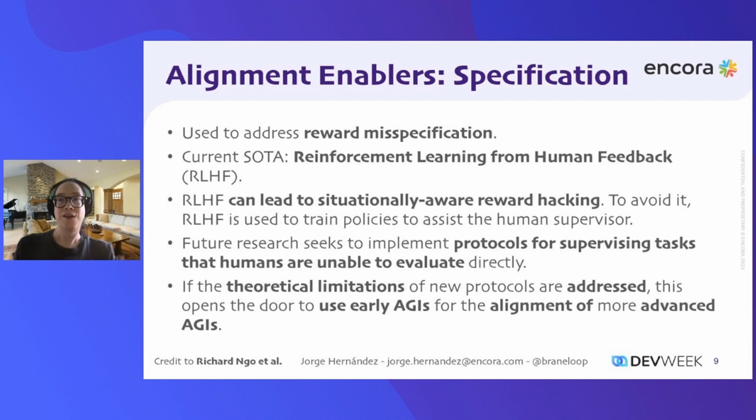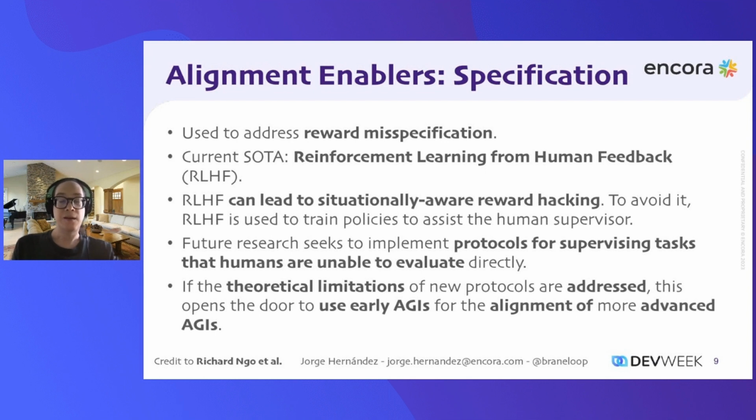There's another talk being given by some of the people here that I suggest you listen to. It's a pretty big area. It's a complex algorithm, and it's not that easy, but it can lead to what we call situationally aware reward hacking, which is basically that, as everyone knows, there's this famous saying that if you use something as a metric, it will get gamed.